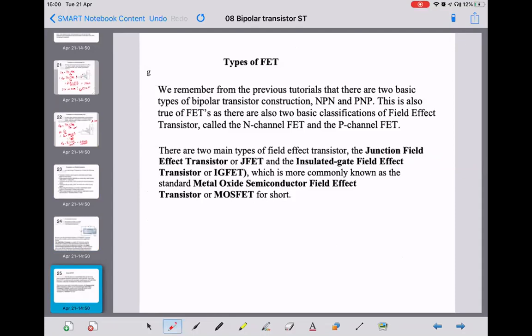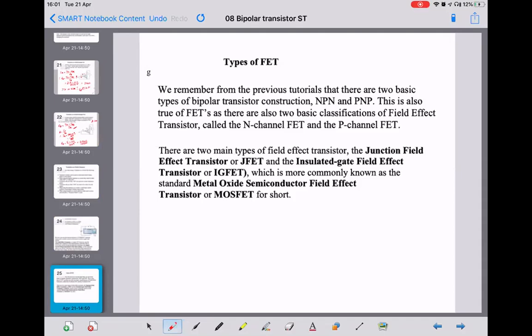So there are different types of FET. With our bipolar transistors, we had NPN and PNP types. In the field effect transistors, we have what's called N-channel FETs and P-channel FETs. But then there's also two different overall types of FET.